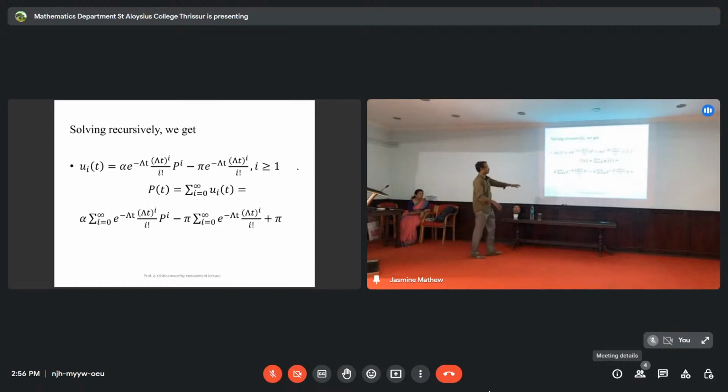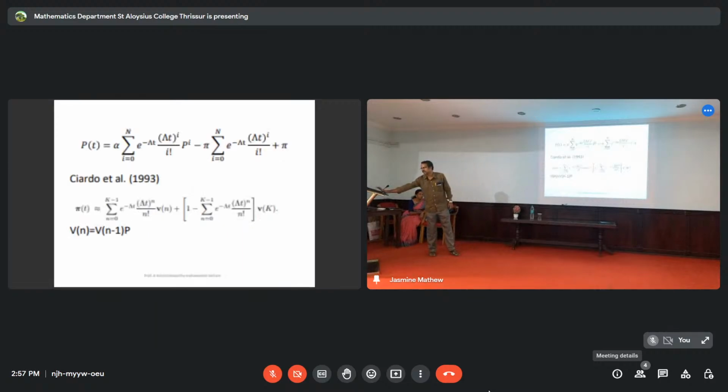This is what we obtained here, but this is the same as the uniformization solution. But when we truncate this, these are different solutions. A similar solution is due to CR2 vector, but their method is very different. So something similar may be achieved using this model.